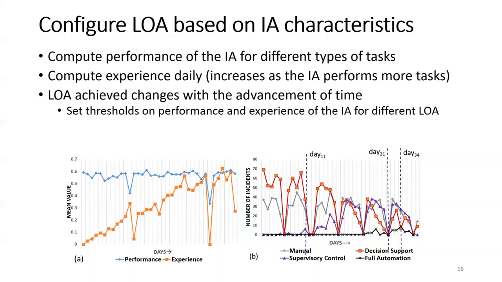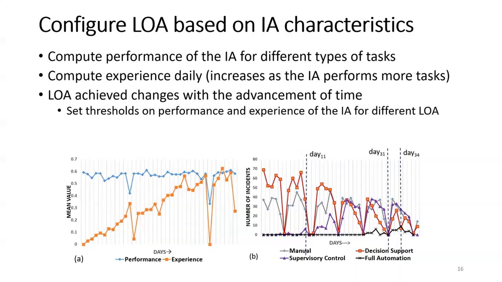by setting different thresholds on performance and experience, like the tau performance minimum, tau experience minimum, we can compute the levels of automation that can be achieved for the 20% of the unseen data. So what we do here is we compute the performance of the classifier based on the teams it has predicted, and we take an average for every day.